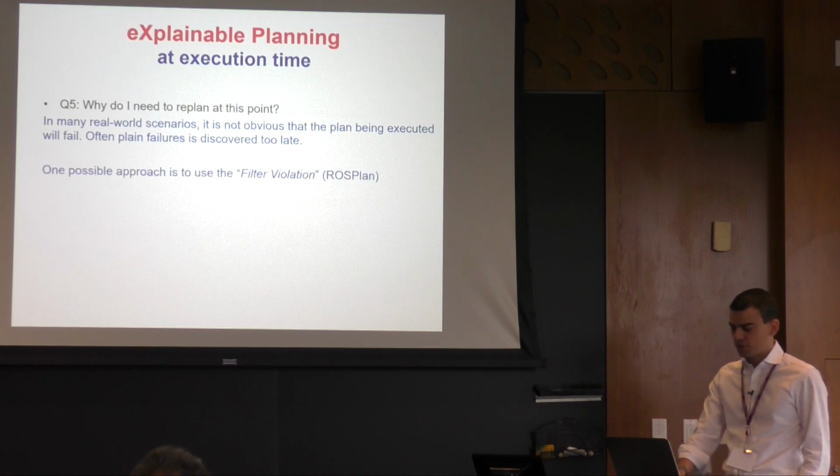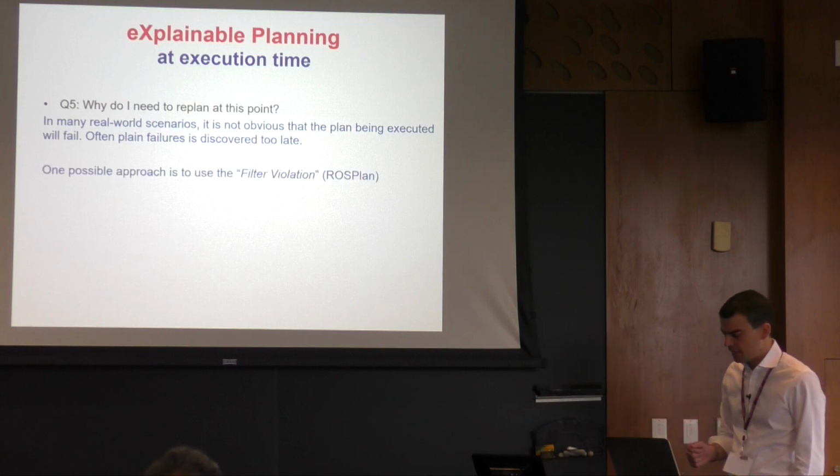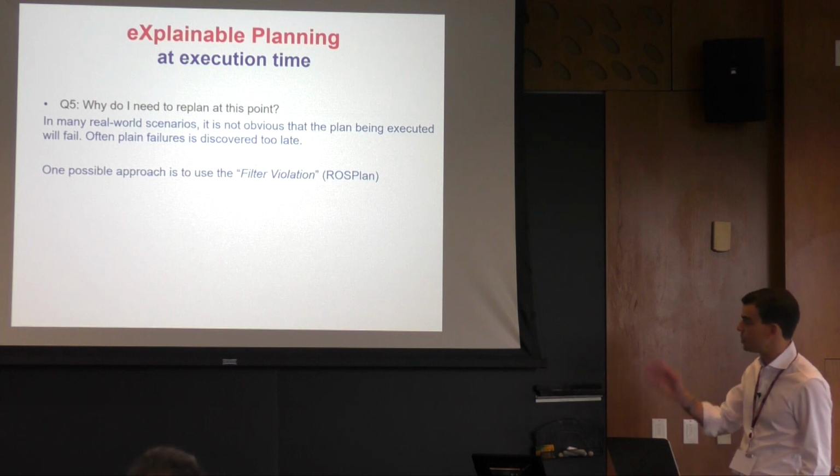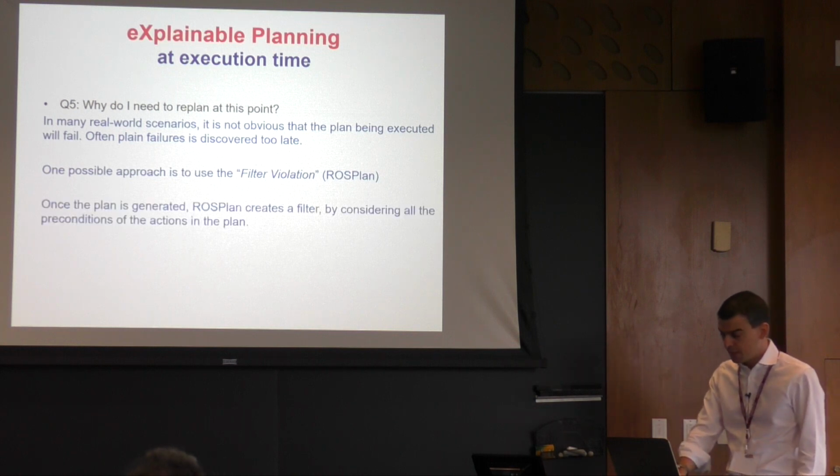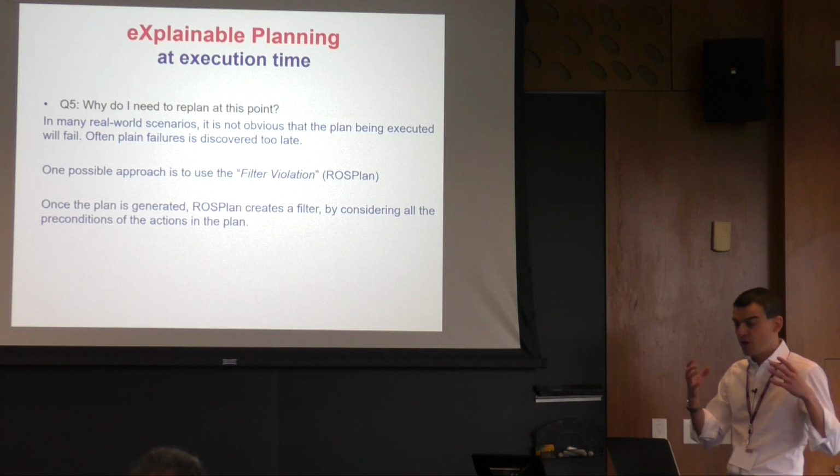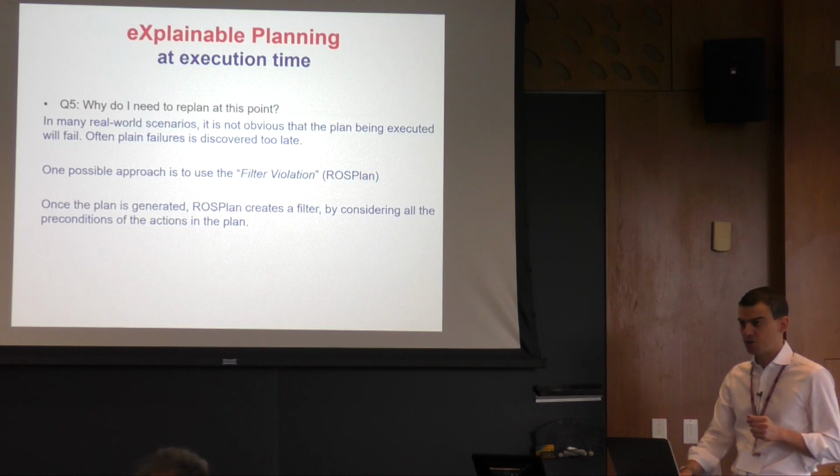So one approach, I mean, Michael will go over this later, but the idea is to use the filter violation, which, for example, is implemented in the ROSPlan. The way it works is that you have a plan, and then ROSPlan creates a filter that considers all the preconditions of the actions in your plan.